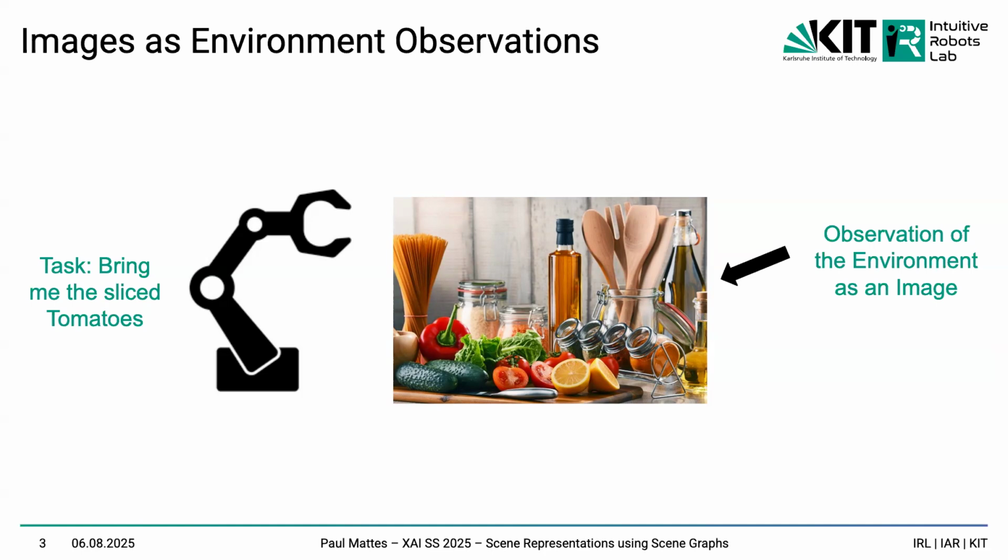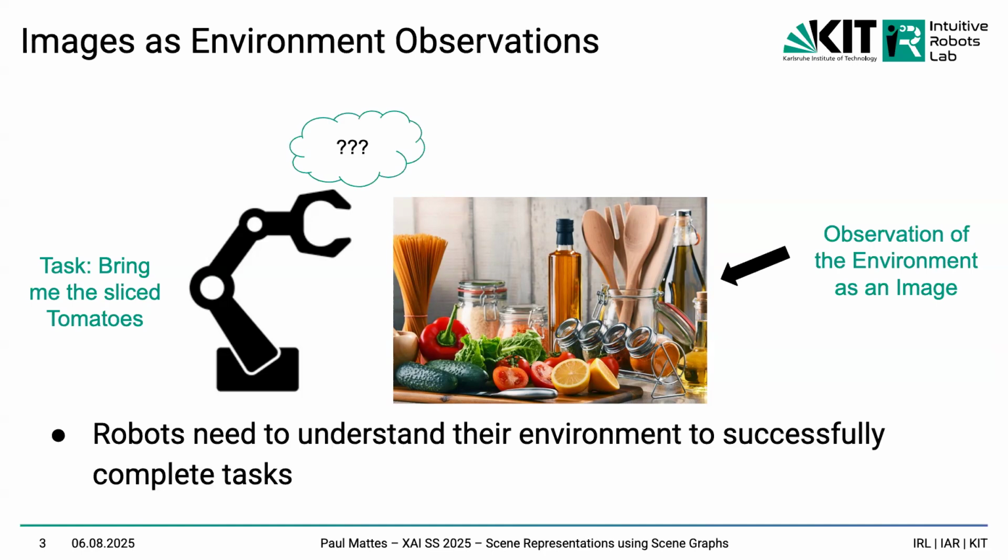It's just raw sensor input for the robot. It does not really know what to do with it. So to actually complete the task, the robot needs to understand its environment.